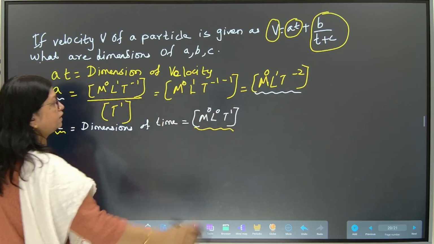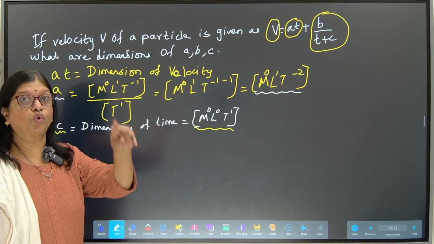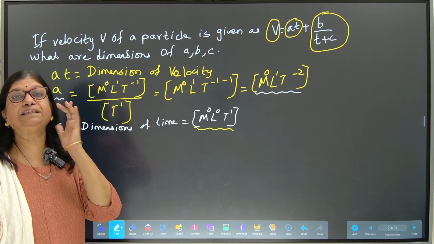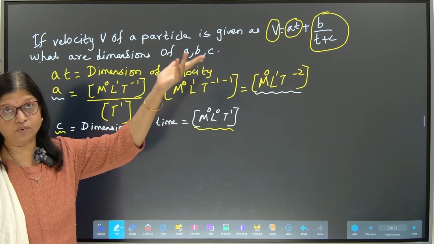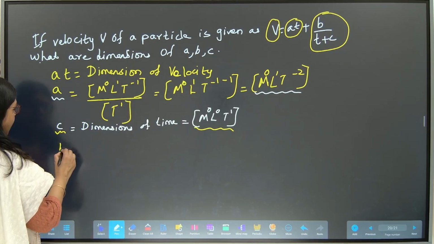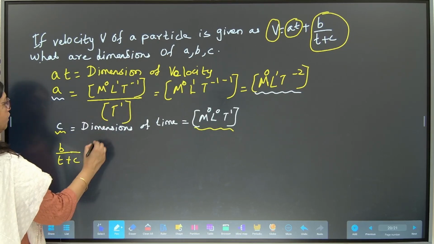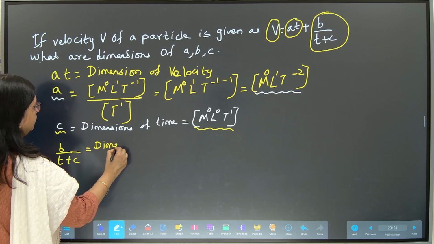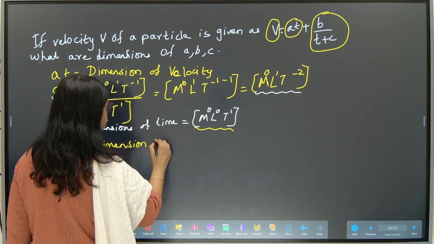Now what is left out? B. So overall, we must have the dimension of velocity. There is no other route. So B upon T plus C must have the dimension of velocity. Every term must have the dimension of velocity.